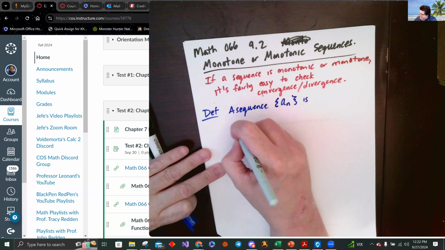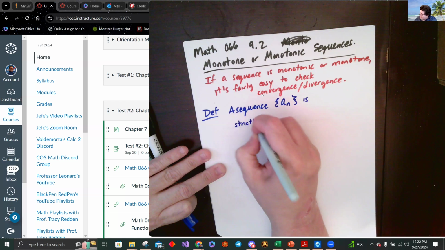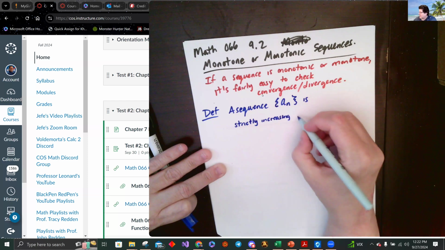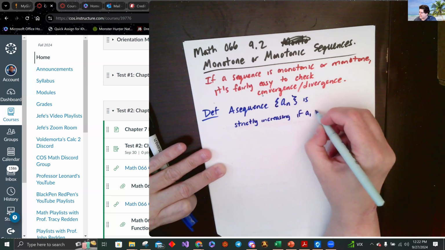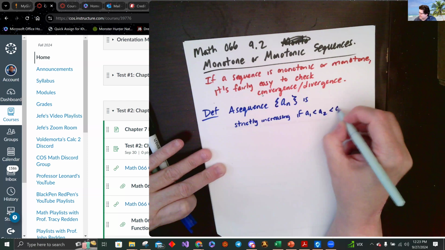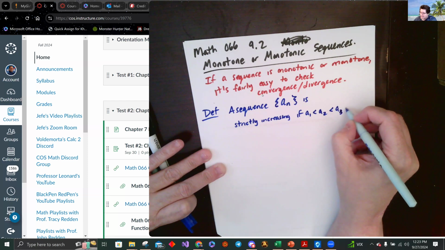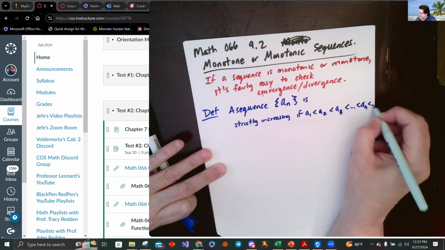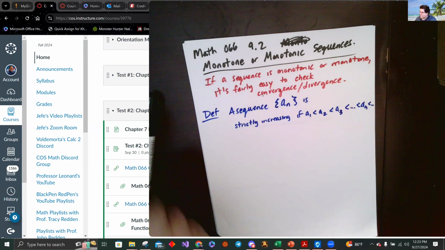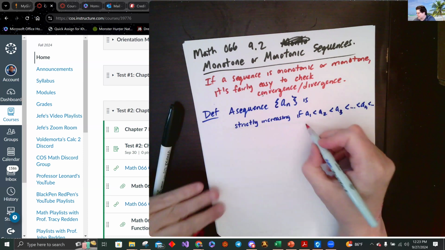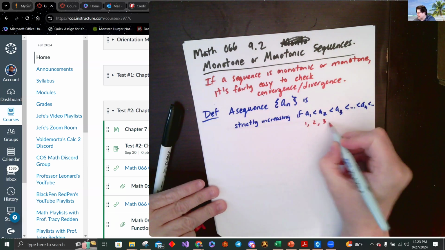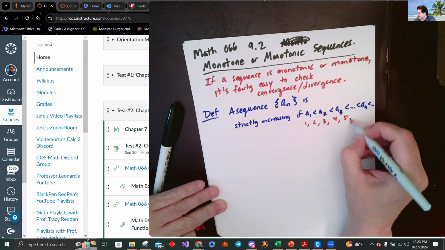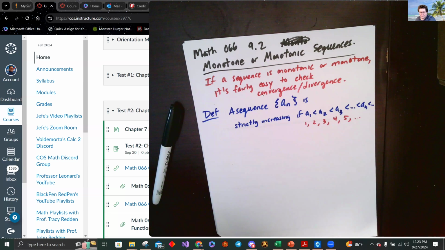It's strictly increasing if A sub 1 is less than A sub 2, which is less than A sub 3, which is less than A sub n, dot, dot, dot. For example, 1 is less than 2, is less than 3, less than 4, less than 5. If that's our sequence, that is strictly increasing.